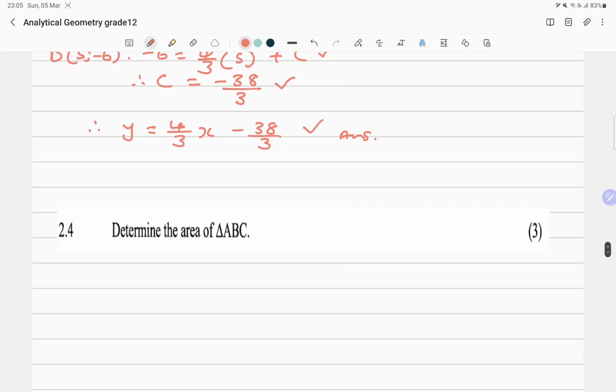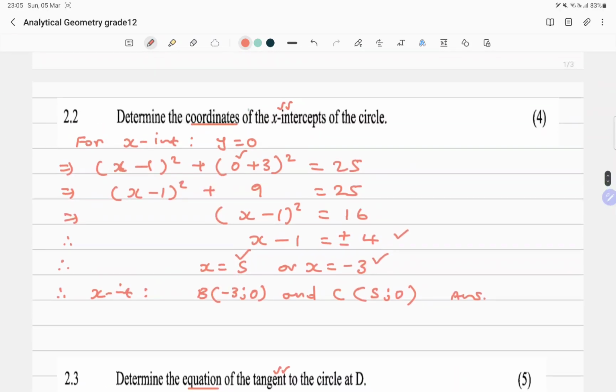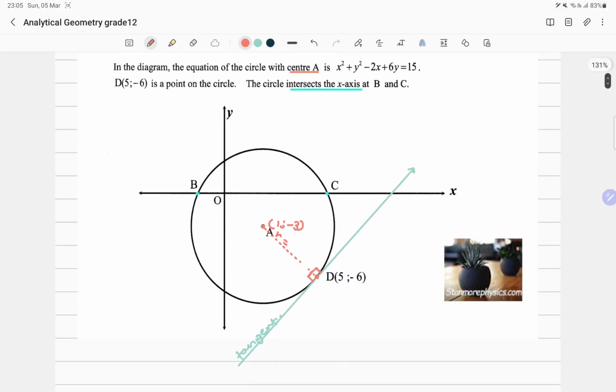Maybe. Determine the area of ABC. Okay, area of triangle ABC. Where is triangle ABC? Well, we can see that triangle ABC is formed by joining this point to the circumference and joining that point also to the circumference, the radius essentially. So this gives us triangle ABC.